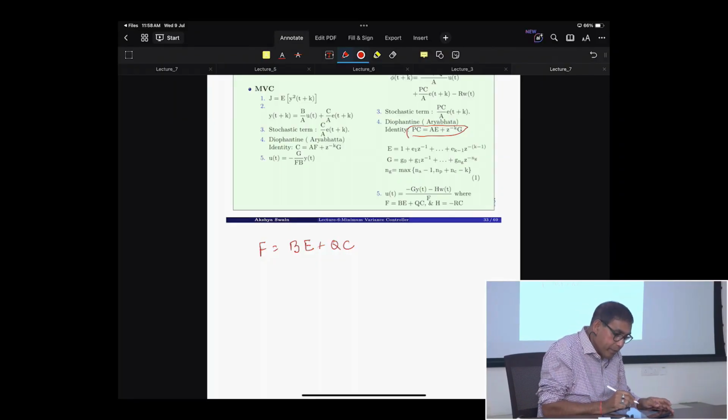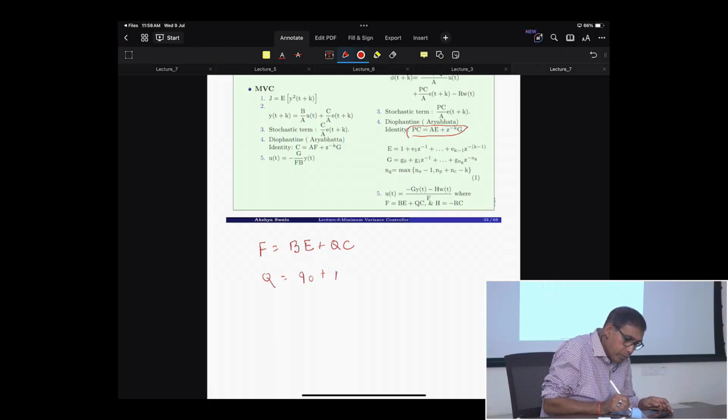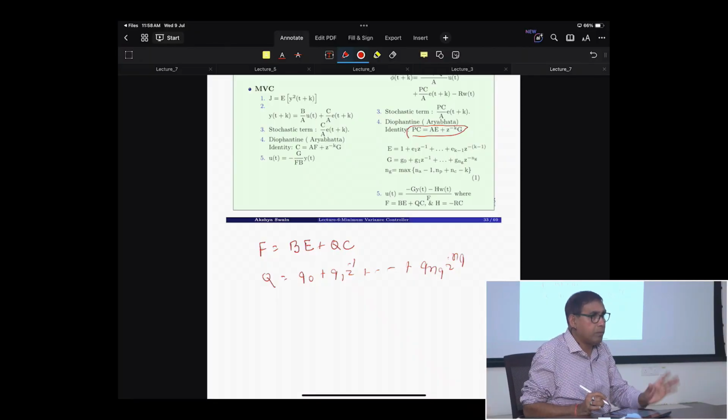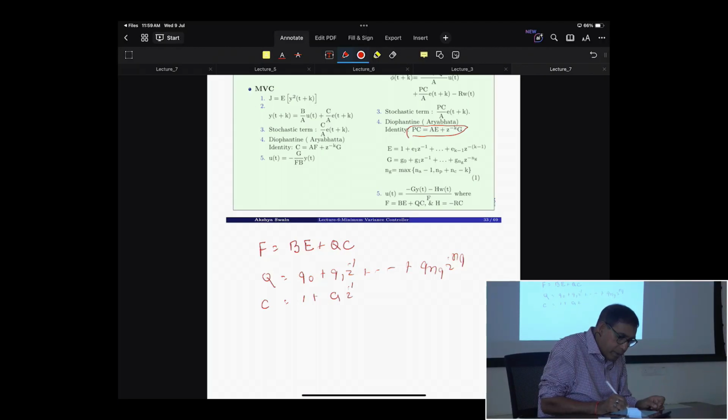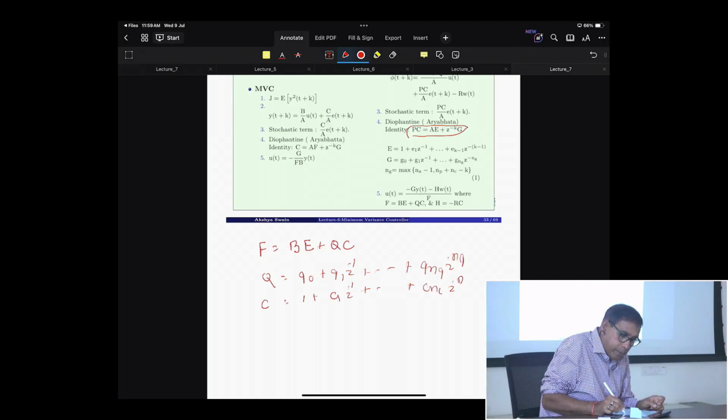Now tell me, what is Q by definition? Q is equal to Q0 plus Q1 z to the power minus 1 until Q_nq z to the power minus nq. The C polynomial is equal to 1 plus C1 z to the power minus 1 plus up to C_nc z to the power minus nc, right?